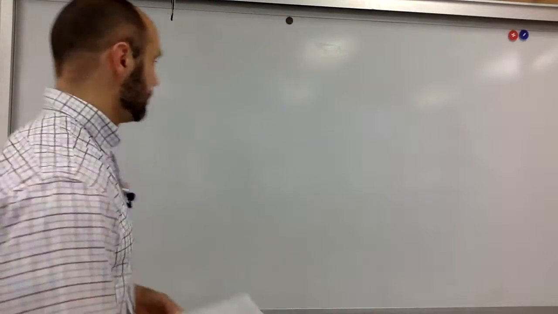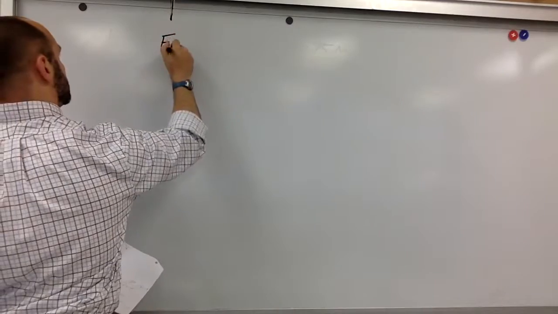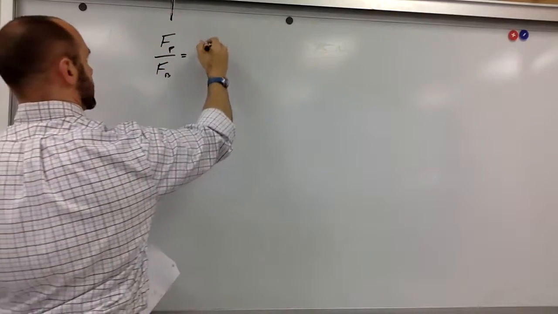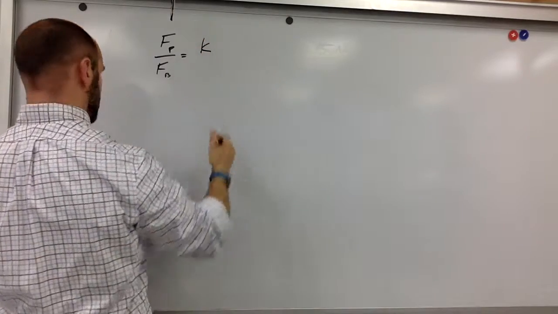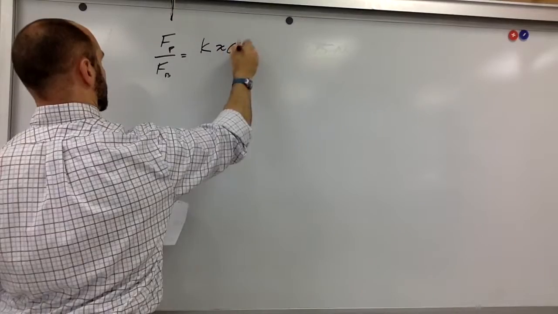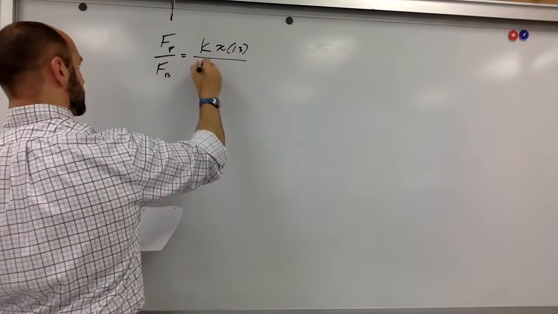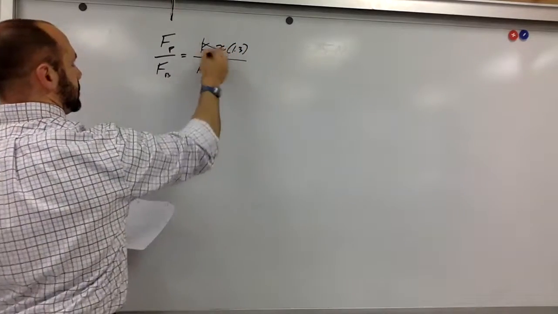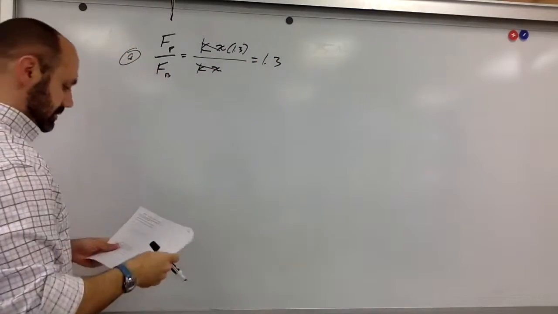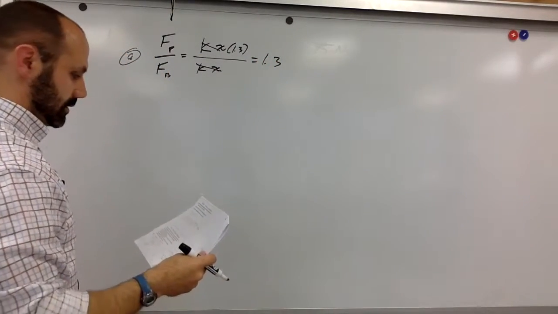Well, F equals kx, so it's the same k, and then it's x times 1.3. We'll say x is how far the bio student can pull this. So the ratio ends up just becoming 1.3. So the answer to part A is 1.3.